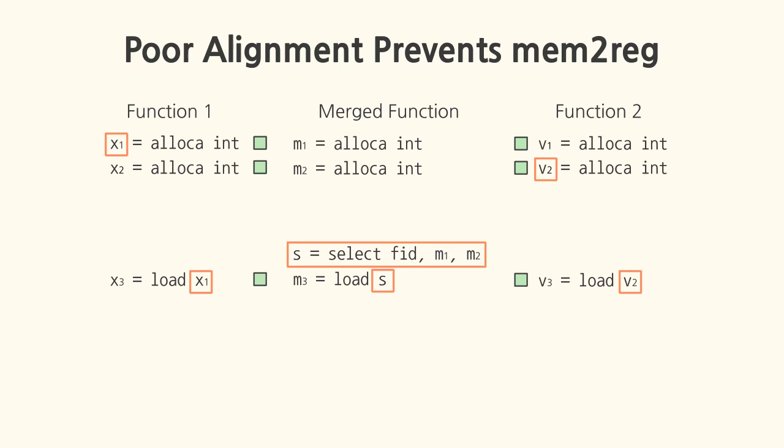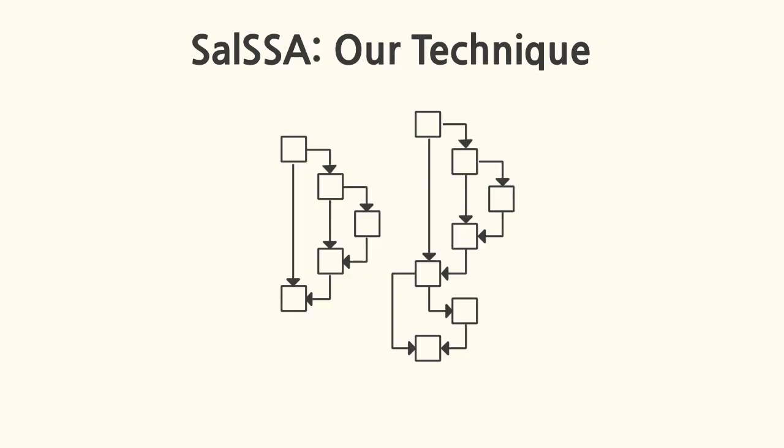Because of this poor alignment regarding these memory operations, the address manipulation becomes complex enough that reversing these instructions to phi nodes is infeasible. Even in this simple example, we can end up paying the full price of using register demotion before function merging. Now we'll describe our approach called SalSSA, which stands for Sequence Alignment in SSA.